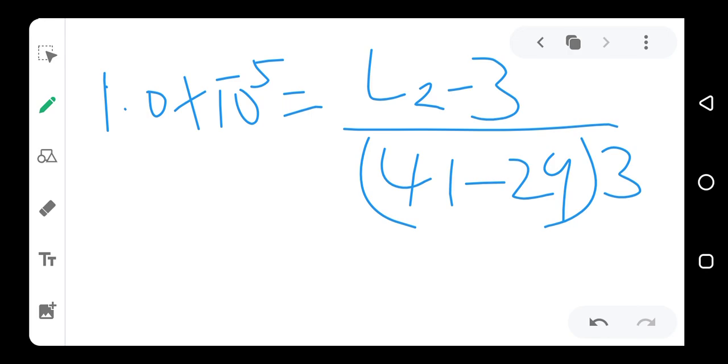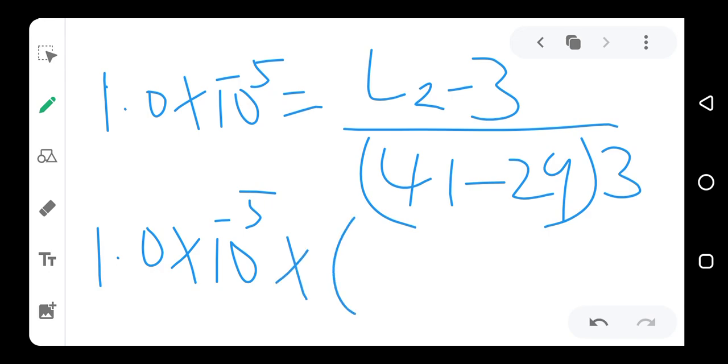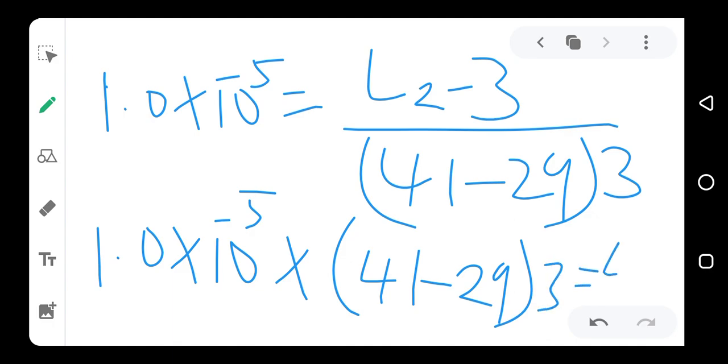If you do this, we now have that 1.0 times 10 raised to power minus 5, then this will come to this side, times bracket 41 minus 29 times 3, is equal to L2 minus 3.